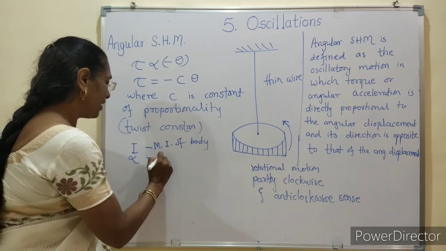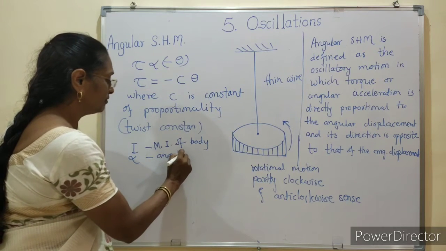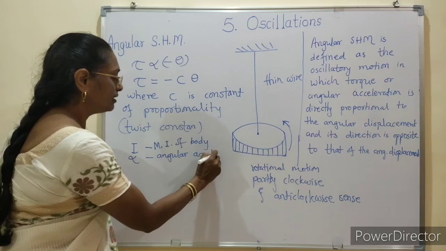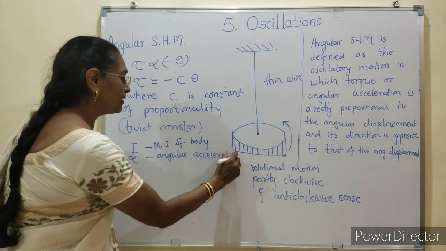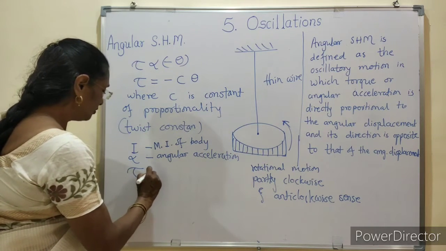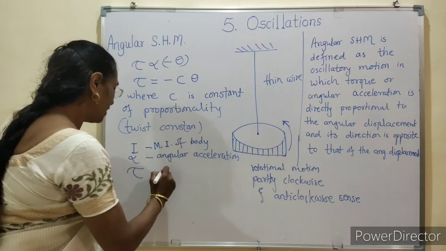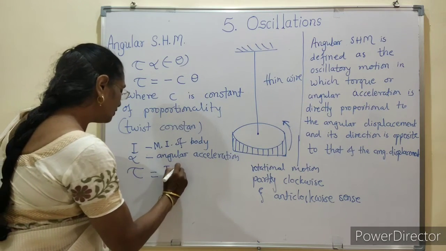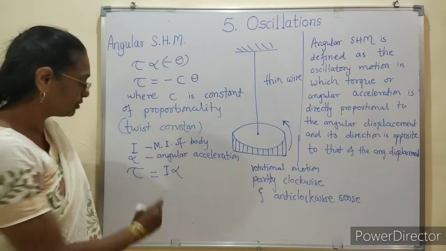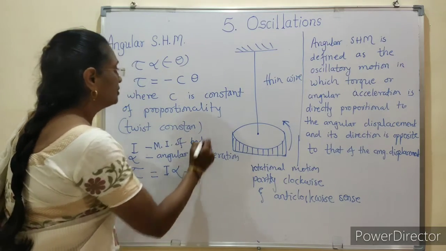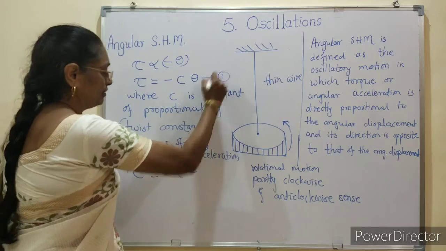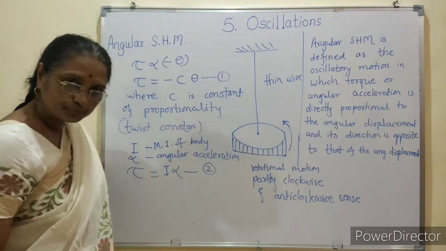Then the torque necessary for the rotational motion is tau is equal to I alpha. Suppose this equation we write as equation number 2.